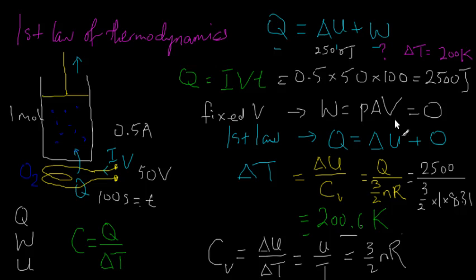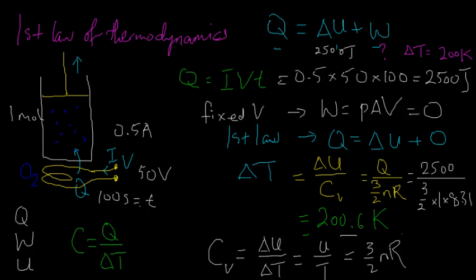To find the work done, I need to use this formula: pressure times the increase in volume. And to use this formula, I need some numbers. I need the pressure, and I need, say, the starting volume, and I would also need the ideal gas law. So for the pressure, I'm going to assume atmospheric pressure.